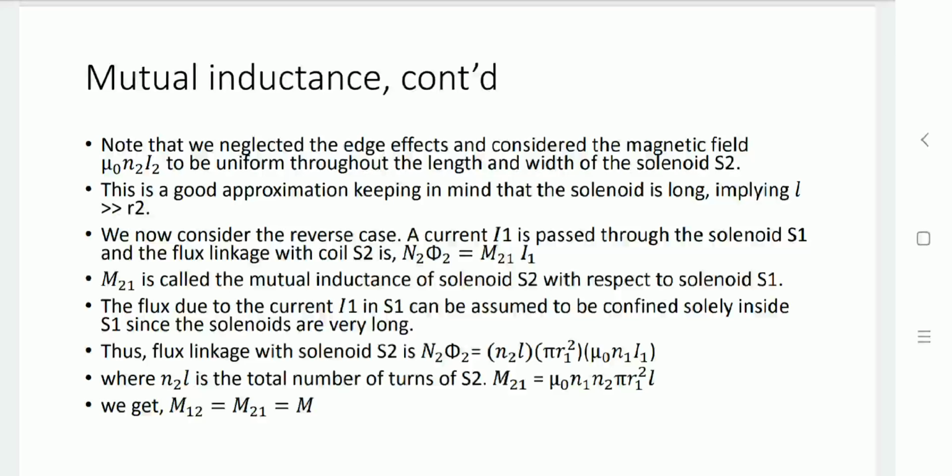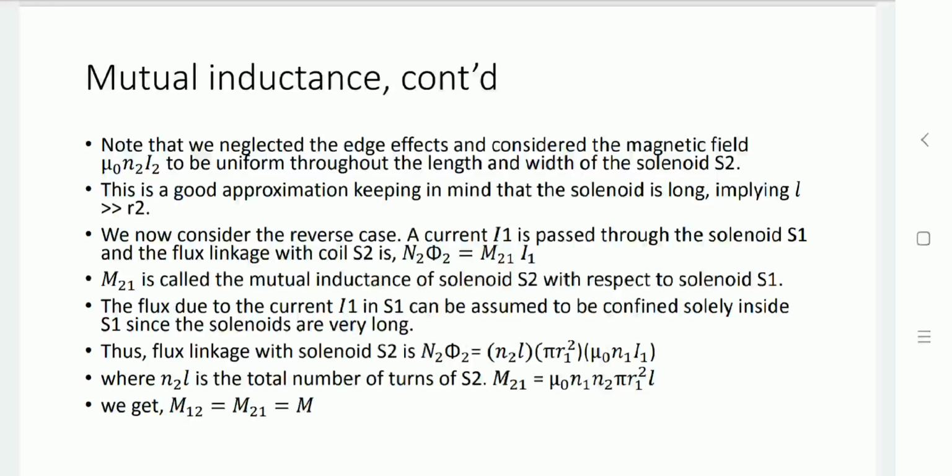Again, the flux linkage with S2 is N2 phi 2 equal to N2 L, the number of turns, times pi R1 square, that is the area of solenoid S1, times mu 0 N1 I1, that is the magnetic field within S1. So while we compare both equations, our M21 becomes mu 0 N1 N2 pi R1 square L.